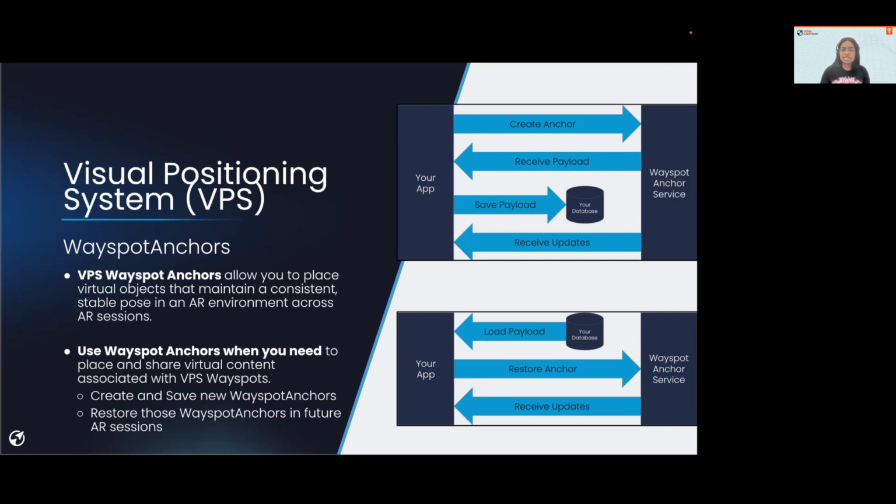You'll want to save that payload into either your own database or into the cloud so that we're able to restore that anchor when the user localizes in another session. Our workshop is going to be all about wayspot anchors. We're going to be creating this in a few minutes' time. We'll get there.